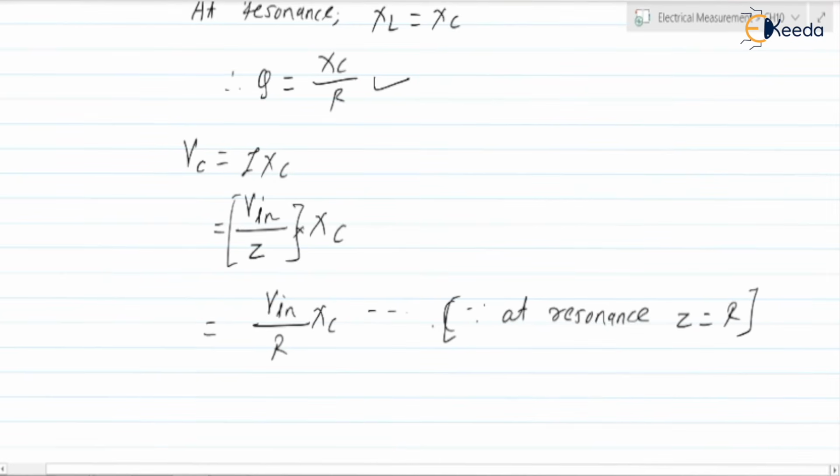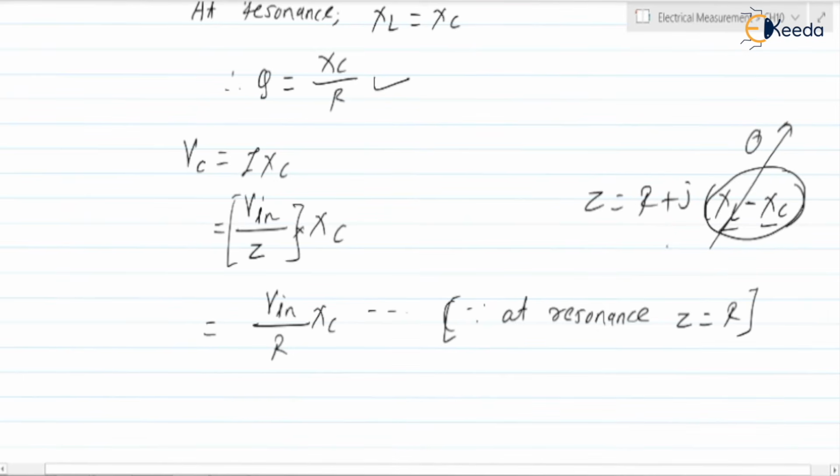Z is equal to R plus j into XL minus XC, and at resonance XL and XC are the same, so their subtraction is 0. So we have only resistance, and we can write it as V in divided by R into XC.